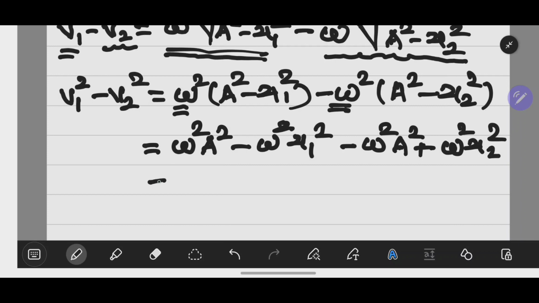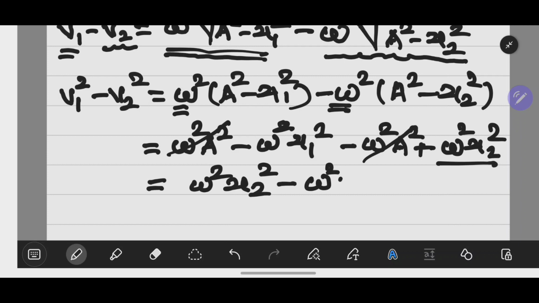Now this is the equation. Later, if we observe, the similar terms get cancelled. The only remaining terms are omega squared x2 squared, the plus term, and omega squared into x1 squared on the other side.